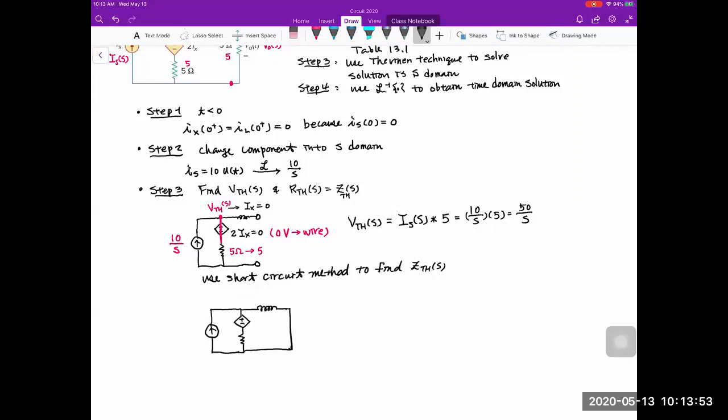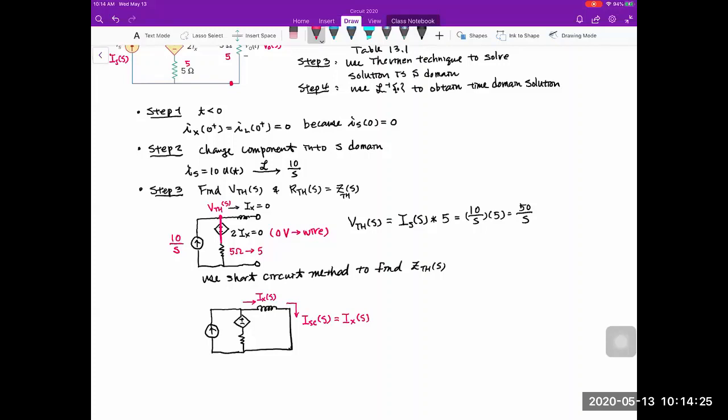And what we wanted to find out is what the current going through here is. This is the short circuit current, right? And if you look at the circuit, they told you this is I sub x, and actually I sub x is equal to this one here. So once you find the I sub x, that is your short circuit current.